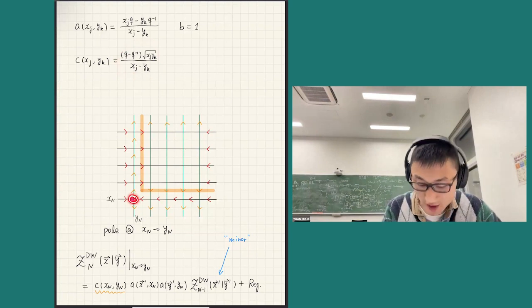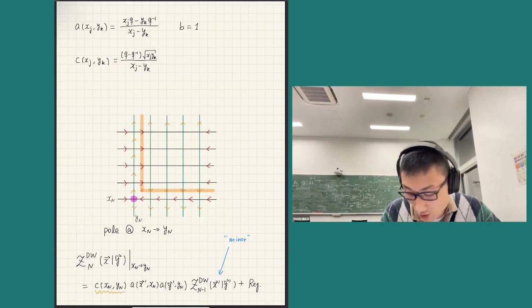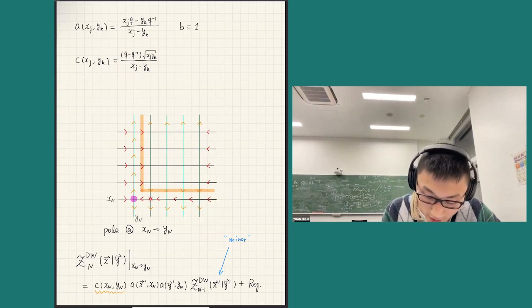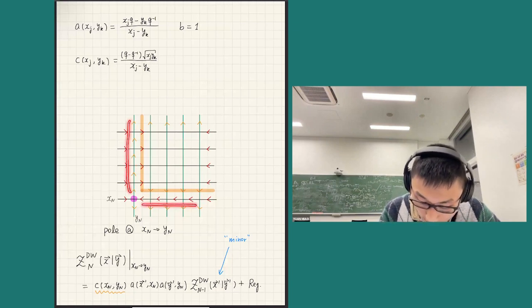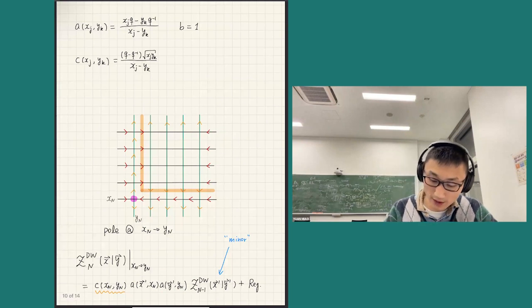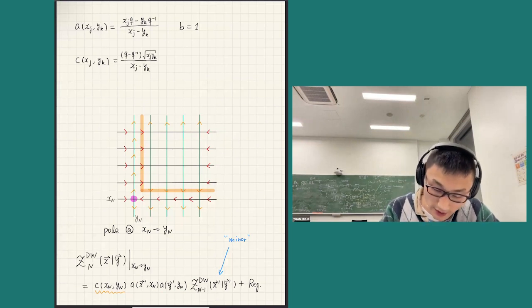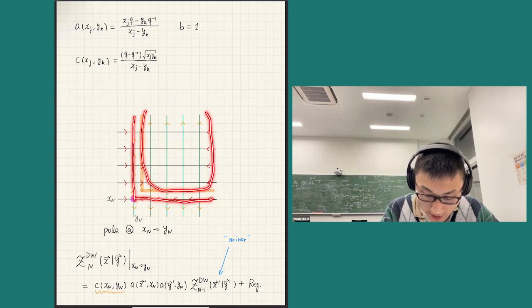But if we put a C vertex here, because of the ICE rule of the 6-vertex model, all these, okay, 1, 2, 3, 4, 5, 6, 7, 8, all these 8 vertices are fixed, and they all have to be A vertices, but there's no pole from them because I'm only considering the pole when xn goes to yn. And what's really interesting is that since all these are frozen, we essentially have a smaller partition function.